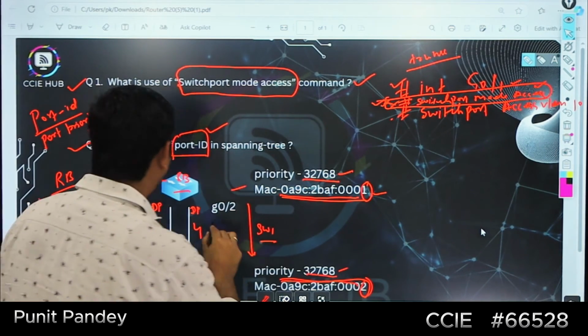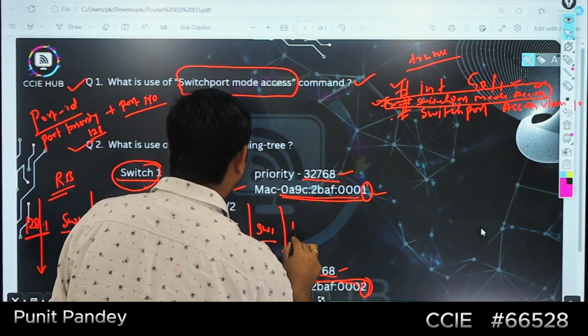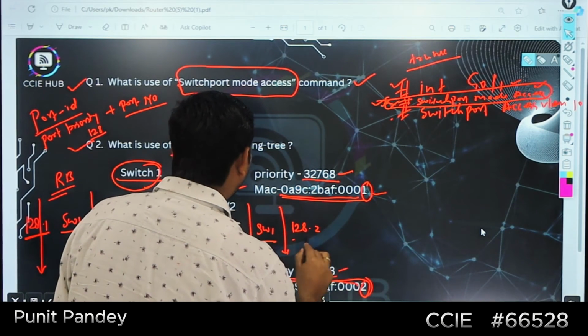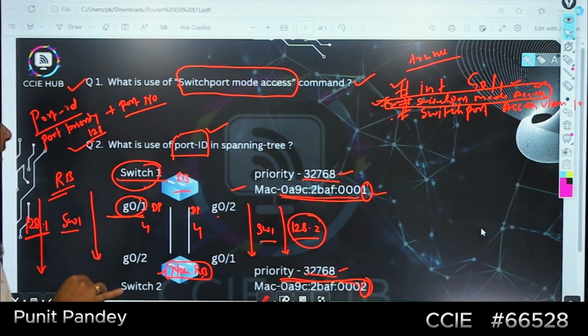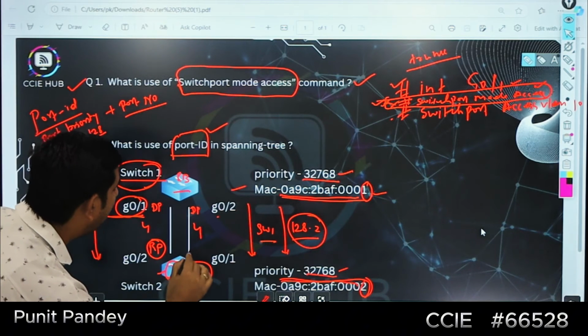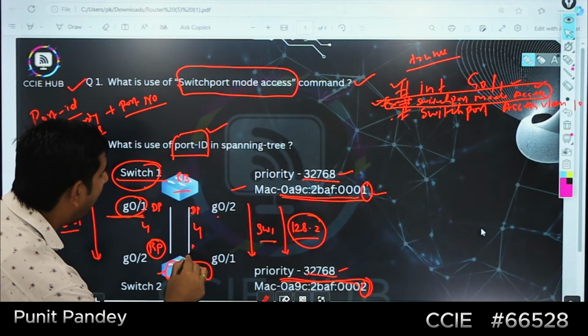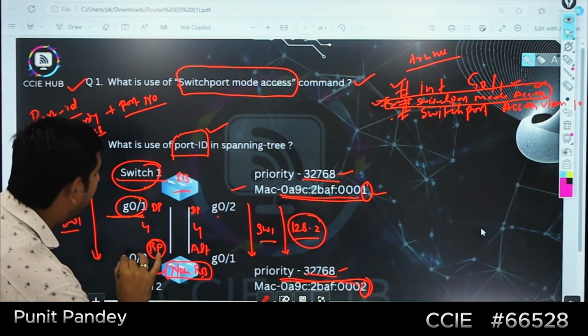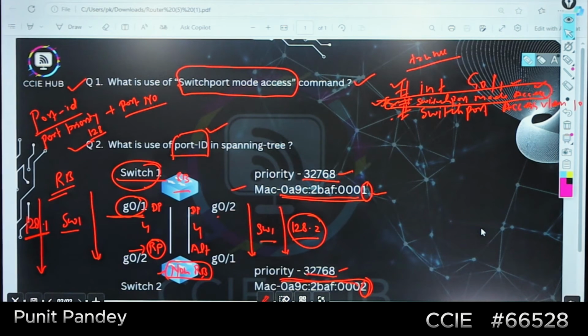And what will be the port ID of this one? That will be 128.2. So it will prefer the lowest sender port ID. So this port is going to become the RP, and this one is going to become the alternate port. Why is it going to become the RP? Because of the lowest sender port ID.